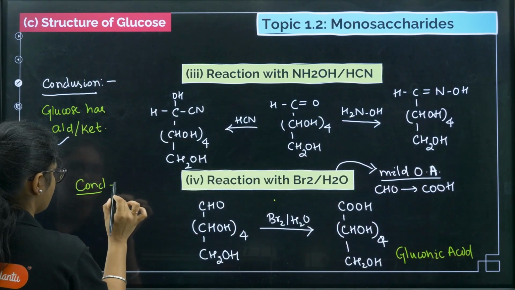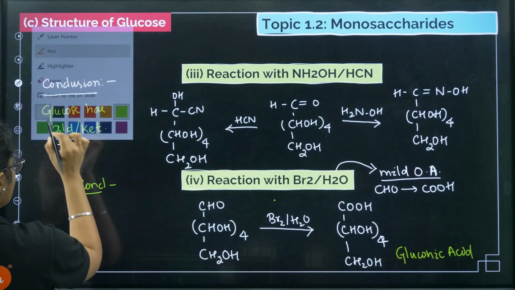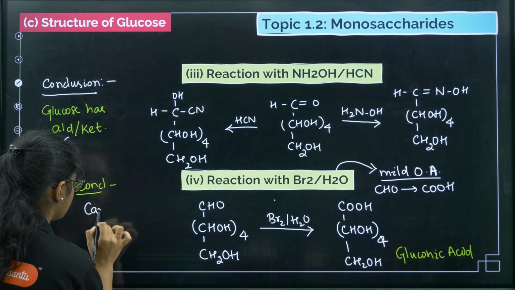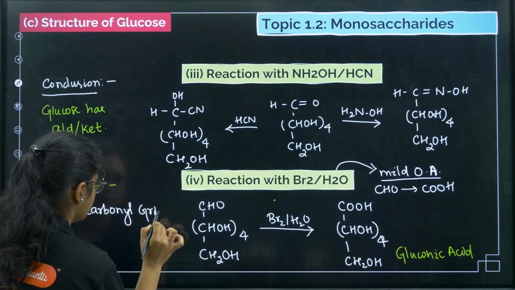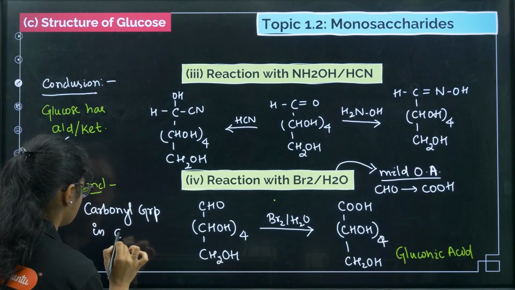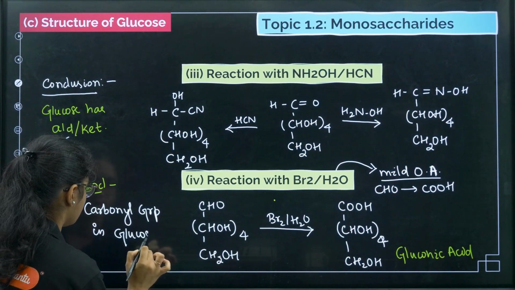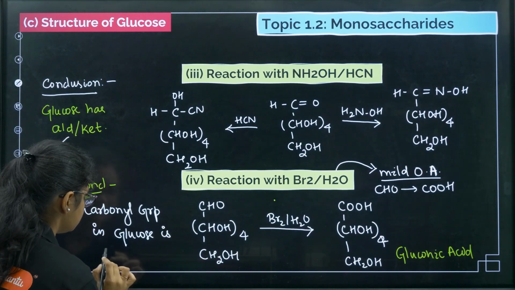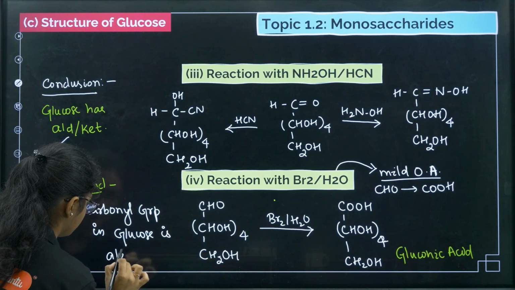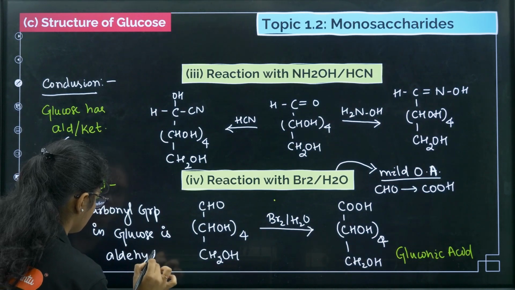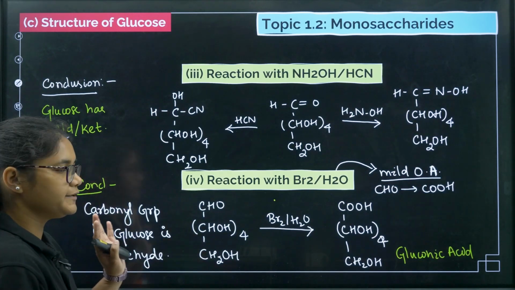Now it is clear whether it is an aldehyde group or ketone group. So the carbonyl group in glucose is nothing but an aldehyde group. Clear?